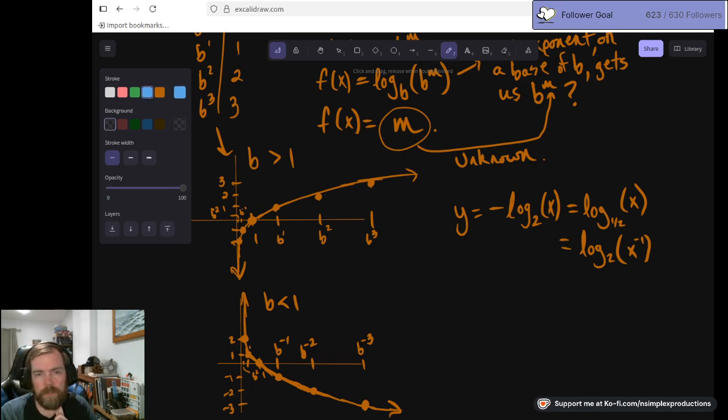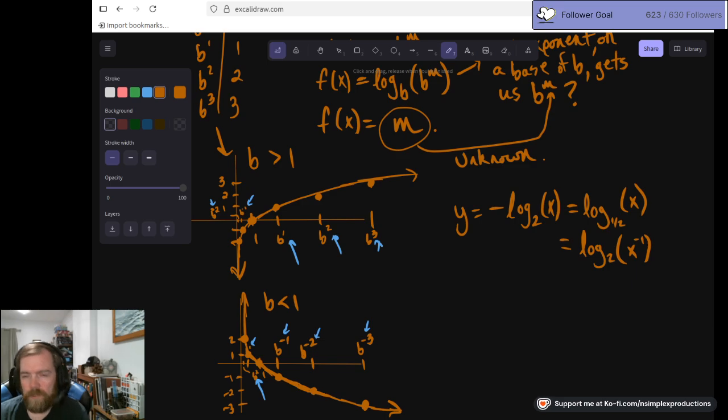All of these exponents here have opposite values as all of these exponents here. So there's a number of ways that we could argue this point.